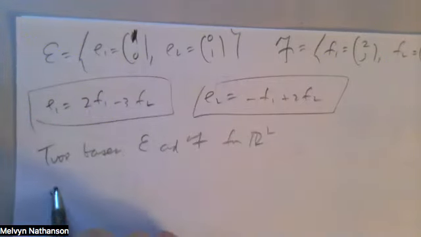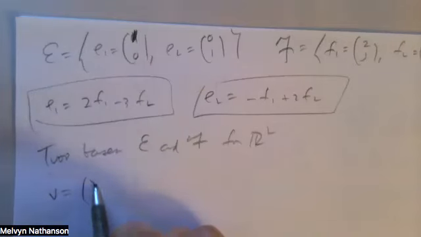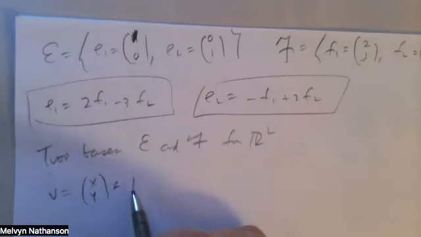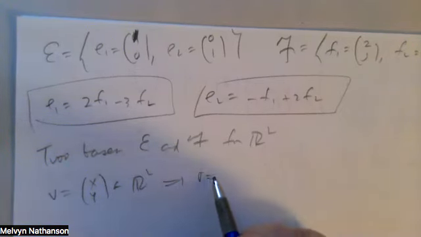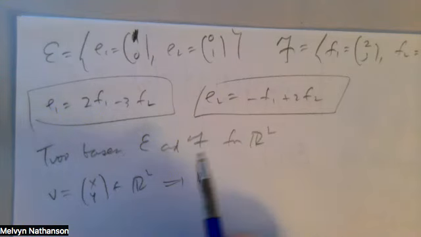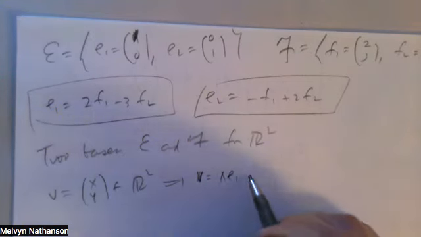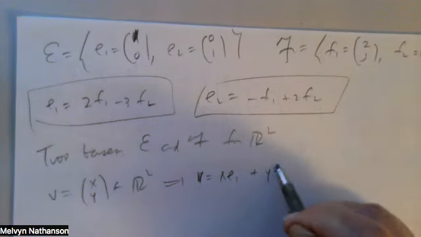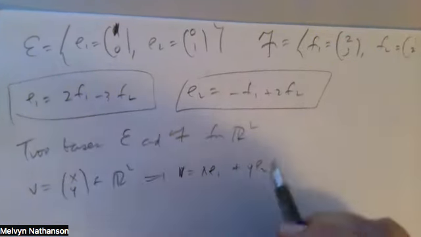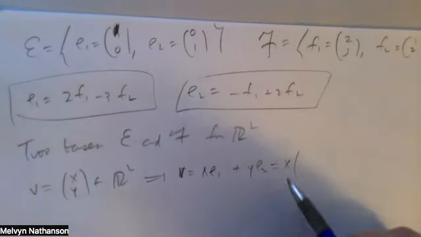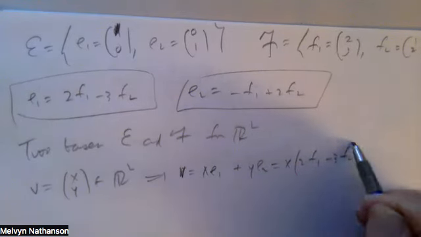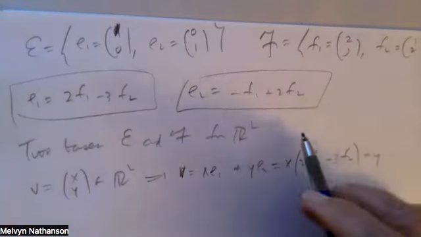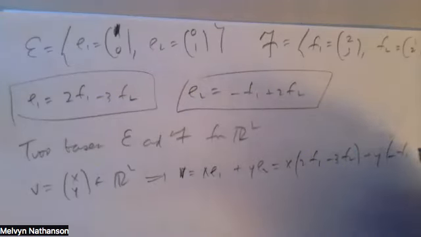Suppose we take a vector V equal, let's say, xy in R2, which means V is, in terms of the basis E, xe1 plus ye2. That's x times e1, which is 2f1 minus 3f2, plus y times e2, which is minus f1 plus 2f2.